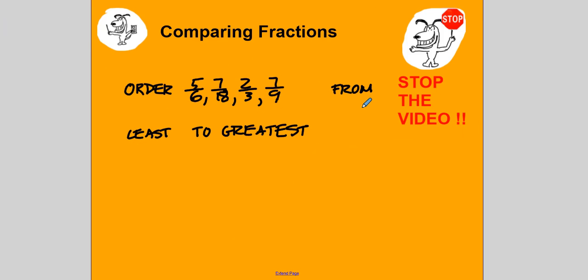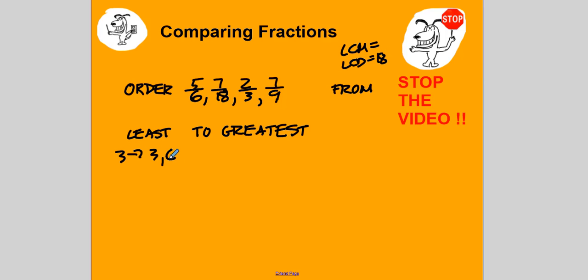All right, stop the video and order the numbers from least to greatest using inequality signs. All right, looking at this, hopefully you can see that the least common multiple is 18, or least common denominator. Okay, if you didn't, you could list 3.